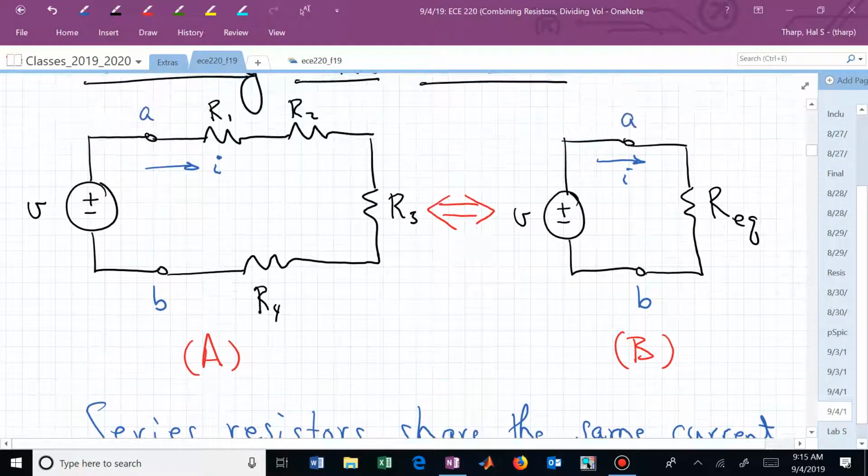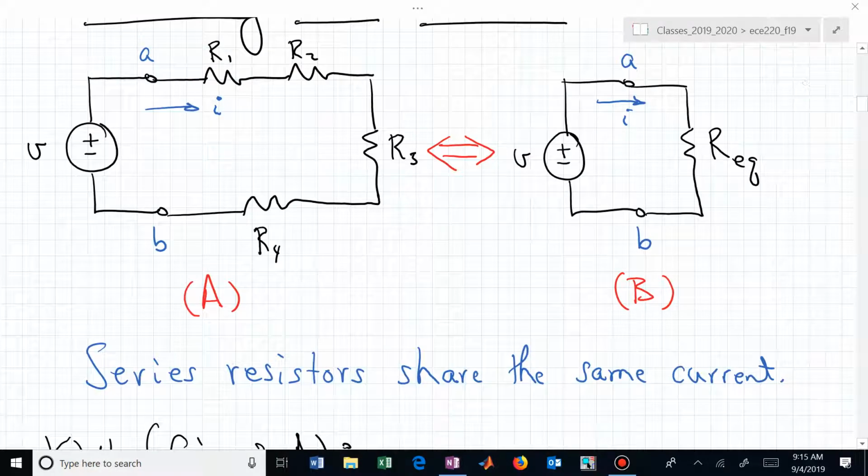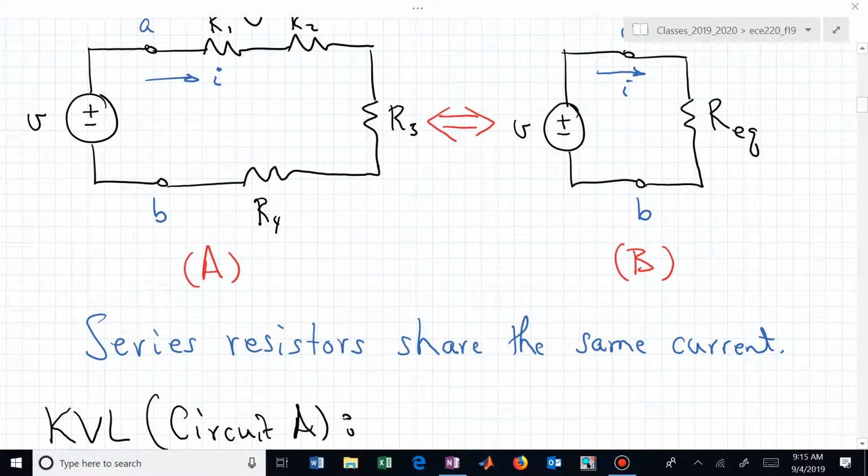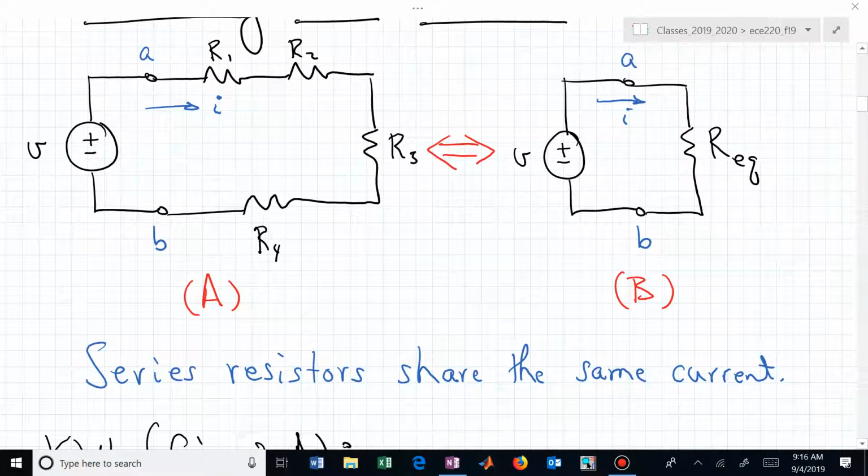So what's KVL for circuit A? This is basically a warm-up exercise for what you've already been doing, right? This should be second nature at this point, writing a KVL equation for that series circuit on the left, circuit A. Starting, let's say, in the lower left-hand corner, what's KVL in terms of V, R's, and I?